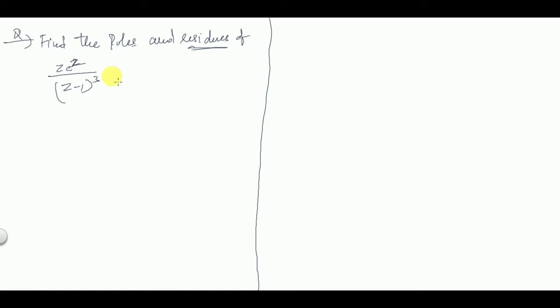Right, so this is the function given for you. If you observe here, z is equal to 1 is a pole of order 3. If you have a pole of order m at z is equal to z0, then what is the residue formula?